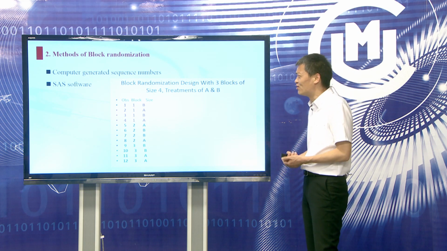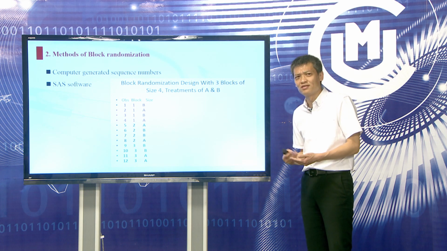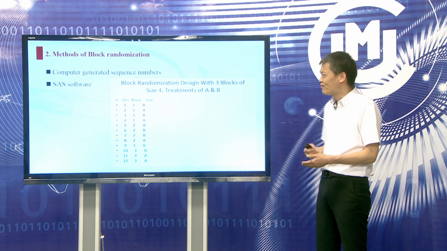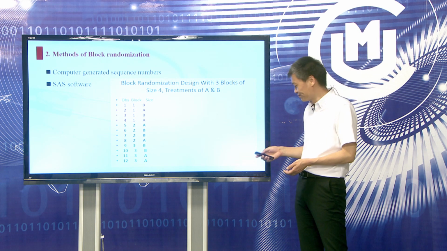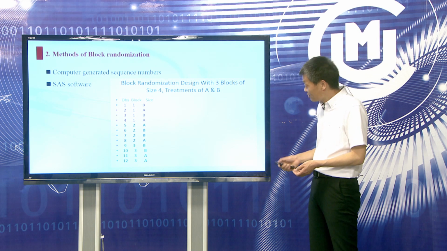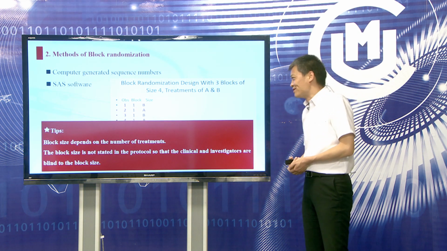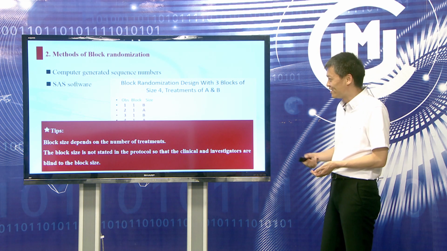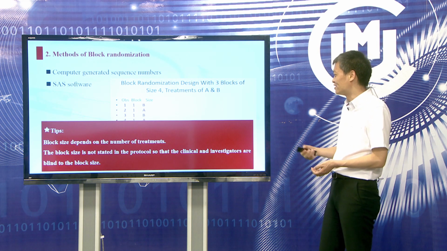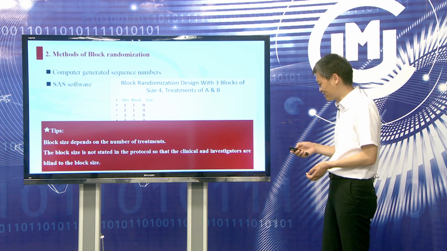This is an example of a block randomization design with three blocks, where every block has a block size of 4 with treatments A and B. The block size depends on the number of treatments. Remember, the block size is not stated in the protocol, so that the clinicians and investigators are blind to the block size.